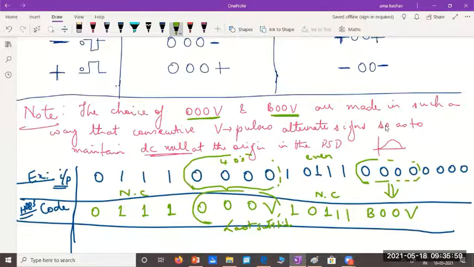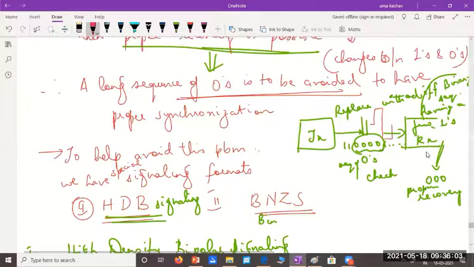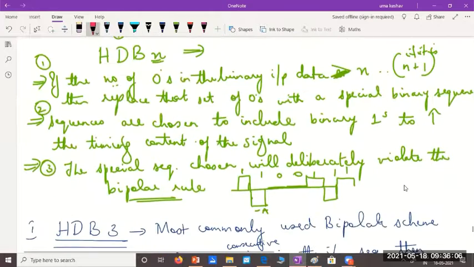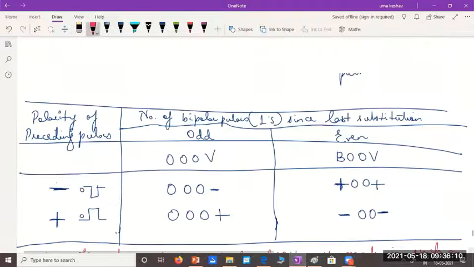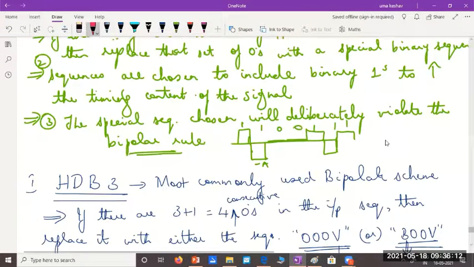Again, I have a set of 4 zeros here. The next set is also 4 zeros. What is happening?